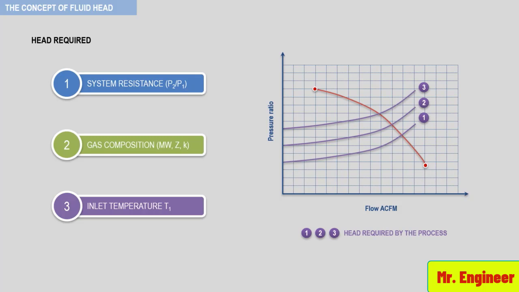Notice here that if the head required by the process increases as from 1 to 3, the flow rate of the dynamic compressor will decrease. So please keep in mind that if the gas density increases, the head required by the process will decrease, and of course the dynamic compressor flow rate will increase.